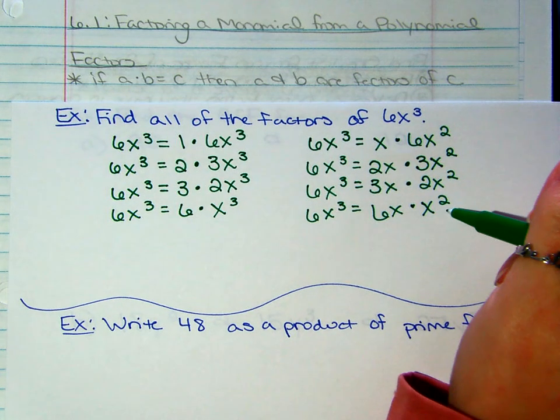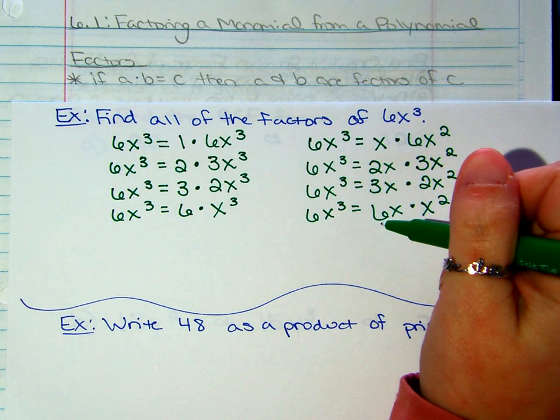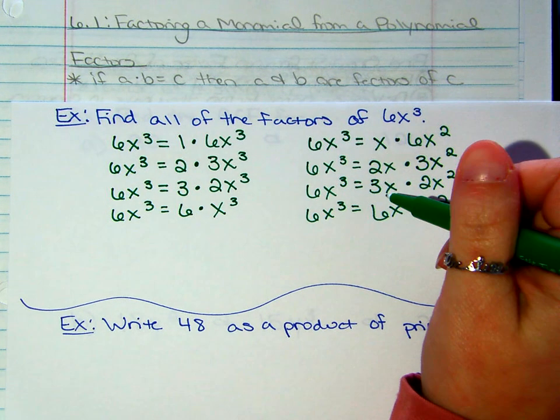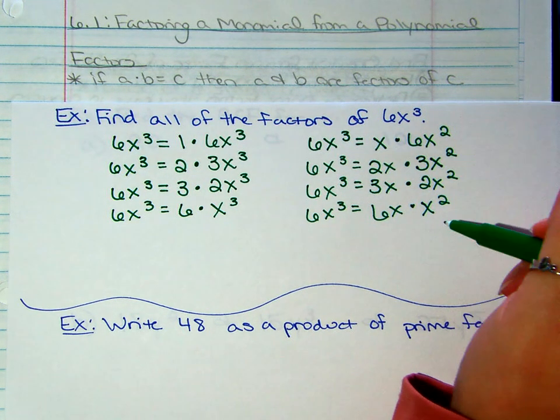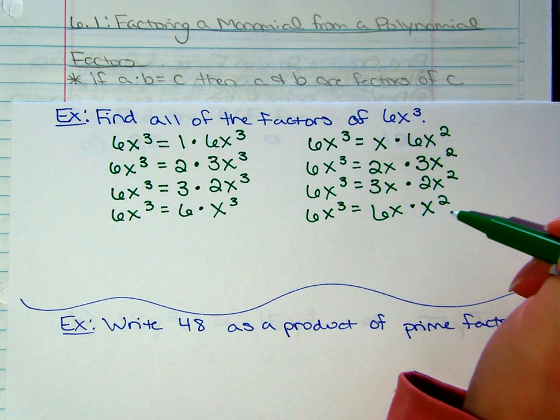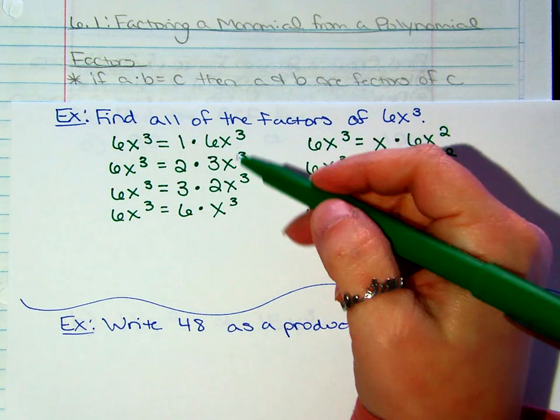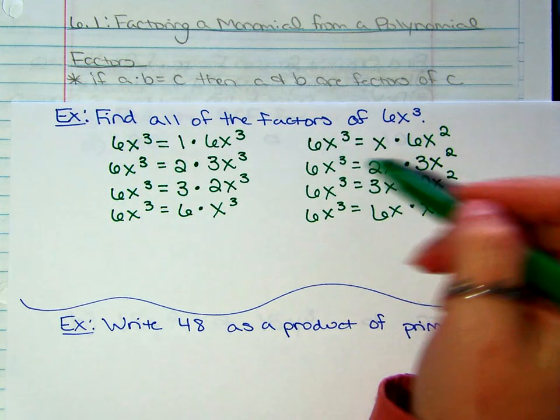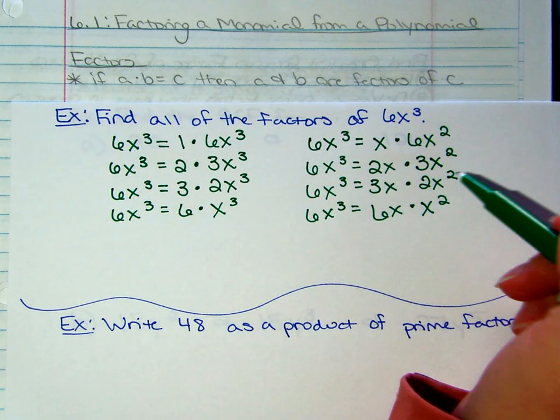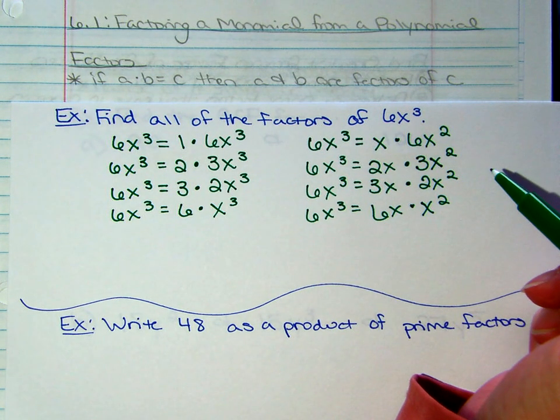If I pulled out an x squared, it'd be times the 6x. If I pulled out a 2x squared, it'd be times the 3x. It's just the opposite of what I've already listed. So I've actually already listed all of the x squareds as well. And over here, I have my x to the third. So just in these two columns, I have actually listed out all of the possible factors for 6x to the third.